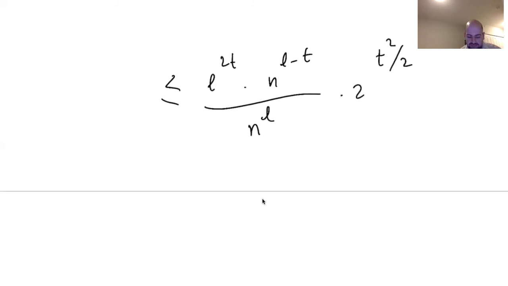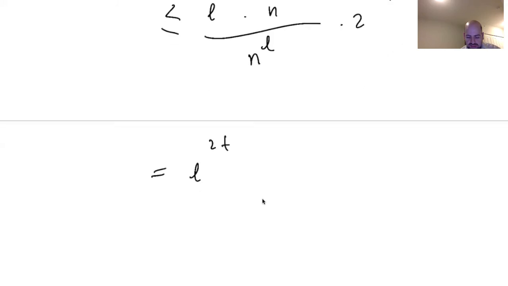So if we simplify, we get L to the power 2t divided by n to the power minus t times 2 to the power t squared over 2.